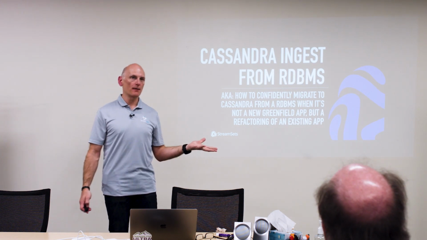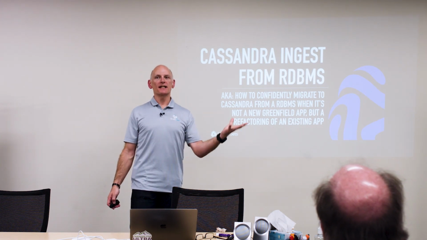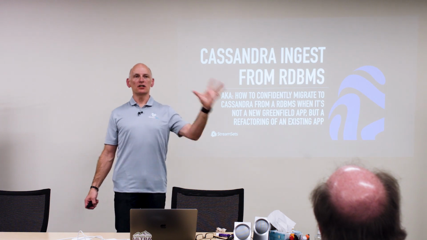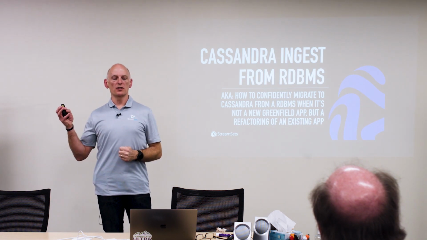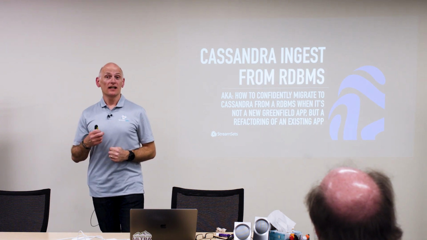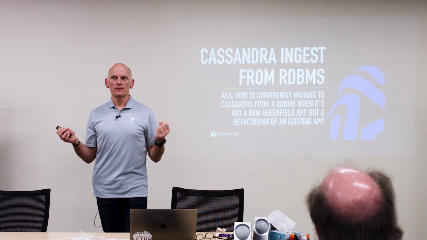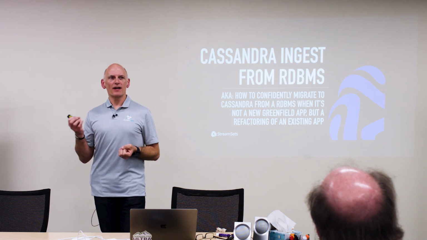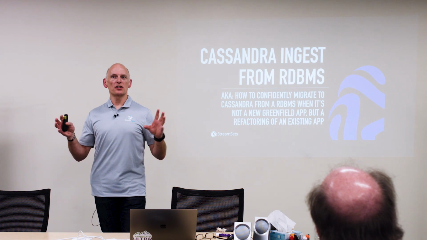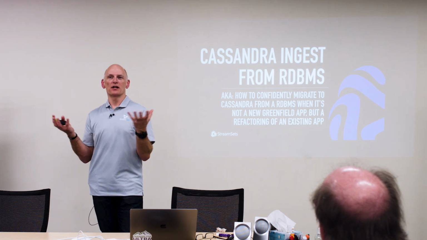So what I'm going to be talking about is ingesting data from a relational database into Cassandra. And particularly, this is for, I guess it's a rare case where you can start afresh in a greenfield situation and you don't have some data elsewhere that needs to be brought over into Cassandra.